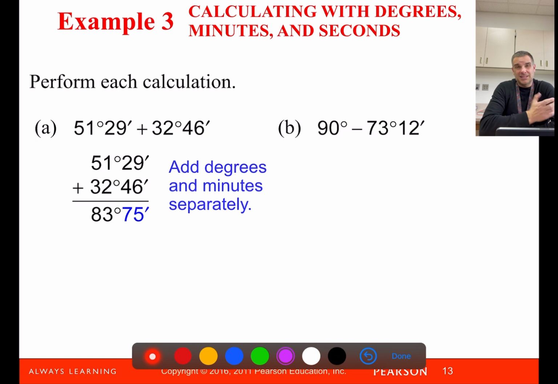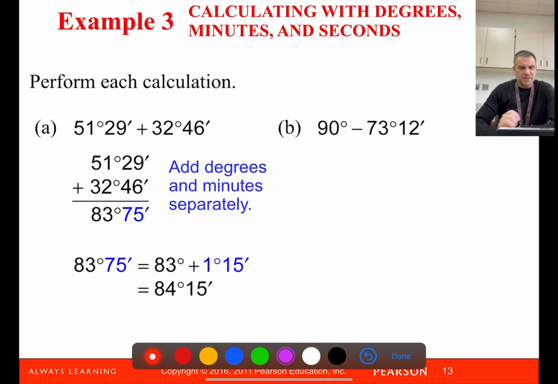When you think about that 75 minutes, do we have 75 minutes? Not really. 75 minutes gives us an additional degree, so the 83 becomes 84. Minutes on the clock are just 60, so you've gone around once, and we can add a degree.